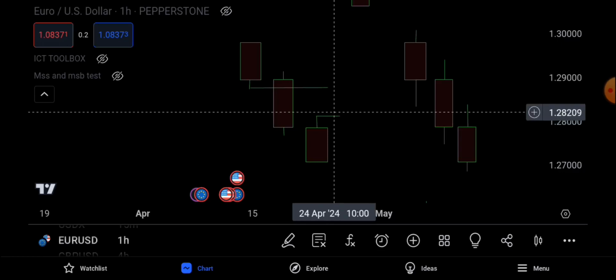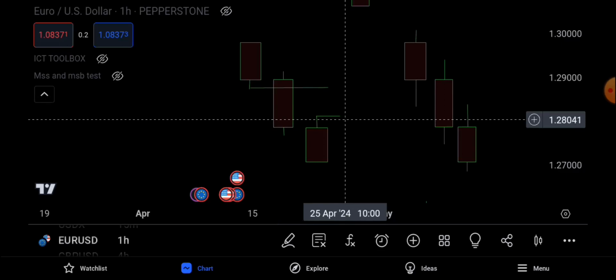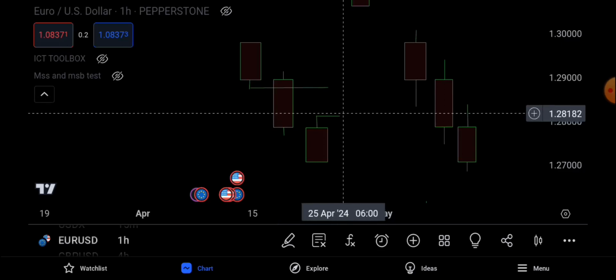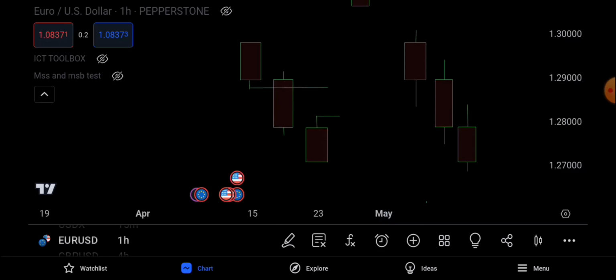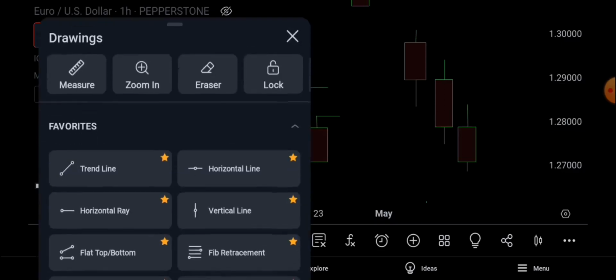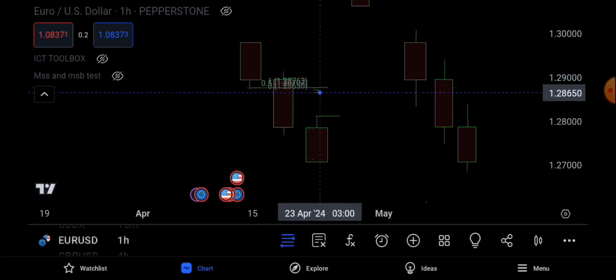Now these fair value gaps also come with validation and invalidation zones. I will explain it right here. You would want to find the 50% of the fair value gap using a Fibonacci tool, which I'm going to do.